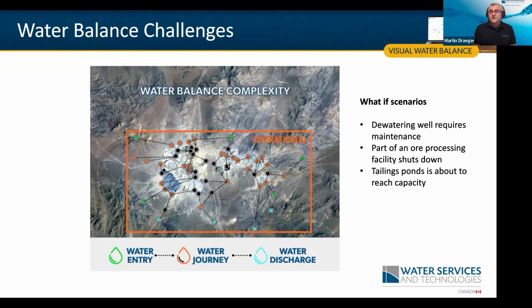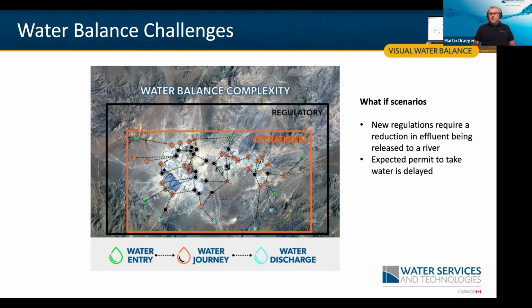What about if an ore processing facility has to shut down for whatever reason, to replace parts? How is the water going to be redistributed until that facility has been fixed? And tailings ponds, what if there's a maximum criteria for tailings pond water level? What happens in the case where the climate changes and there's a flood event, and there's too much water? So operationally, anything that impacts the operation water-wise is a very important thing to map out and understand.